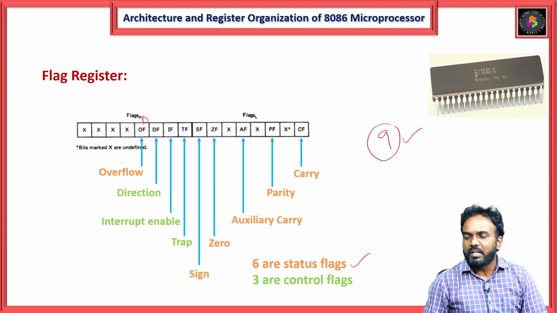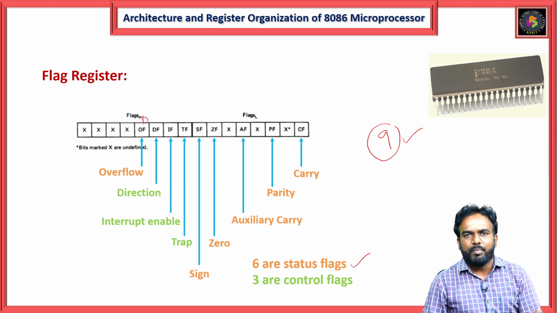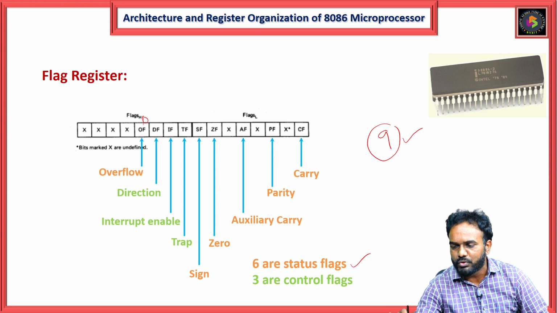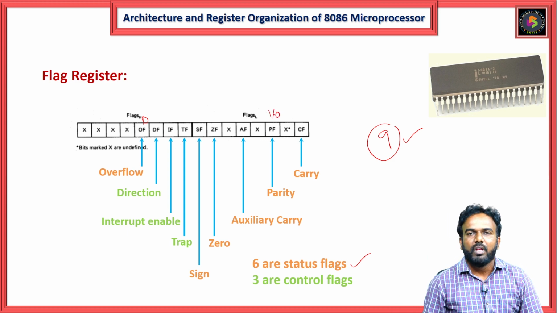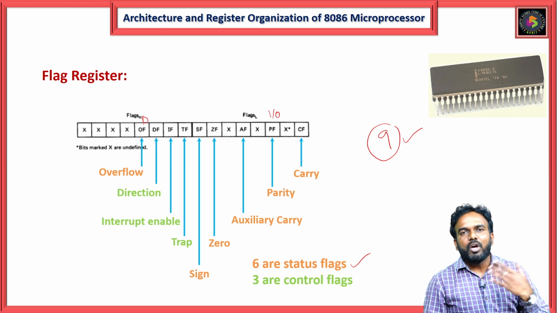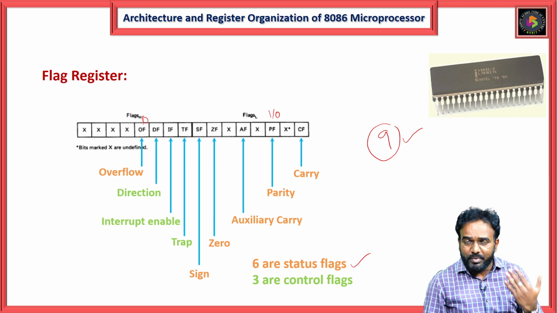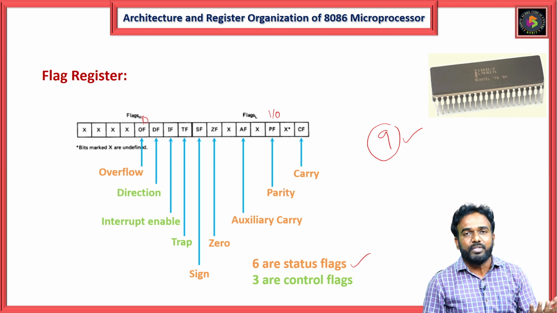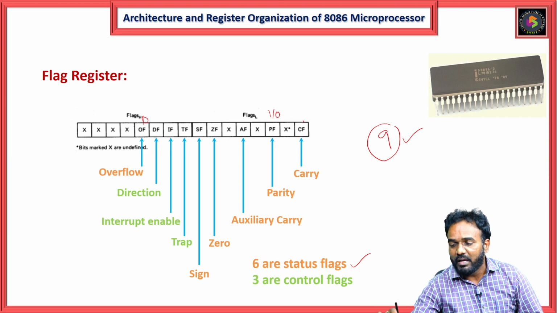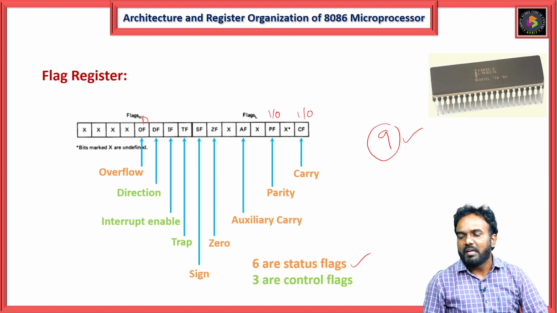Similarly, when performing an operation, the result may contain an even number of ones or an odd number of ones, and the parity bit goes to 1 or 0. Sometimes a carry may be generated and sometimes not, and at that time the carry flag bit goes to 1 or 0. That means the bit can be set or reset.